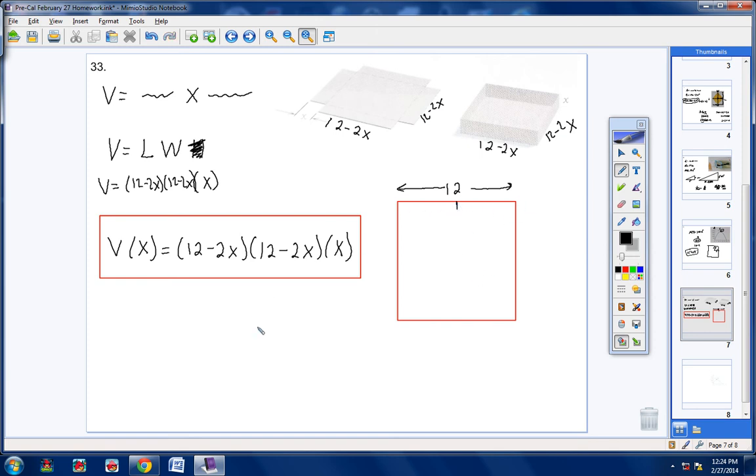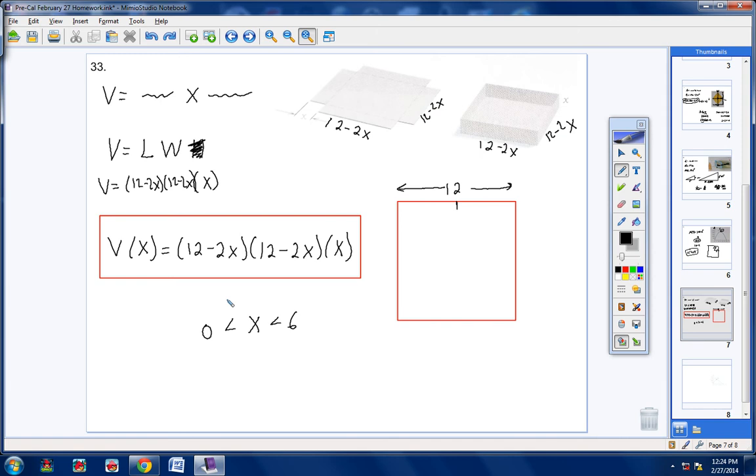Your x has to be greater than 0, obviously, you have to cut something away, but it has to be less than 6, because 6 is half of this length. If you go to the halfway point and cut, all you're doing is cutting the thing into 4 strips of cardboard, and that's not going to help you. So not easy to see, but the truth is x has to be greater than 0 and less than 6.